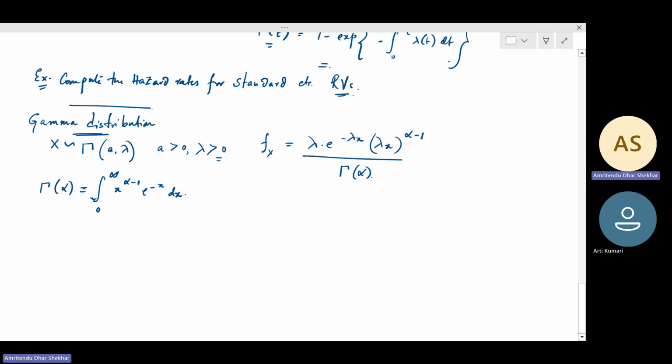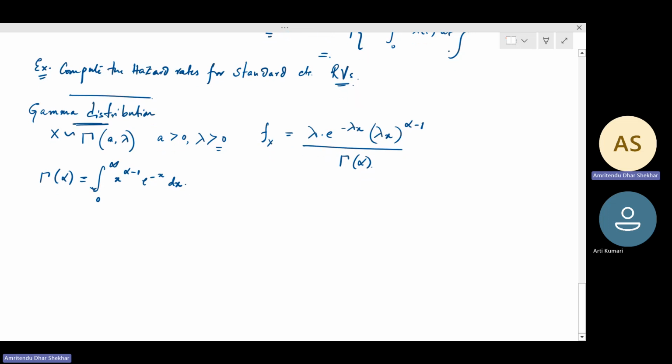And if alpha is a positive integer, then of course we can show that gamma of alpha is equal to alpha minus 1 factorial, when alpha belongs to the natural numbers.